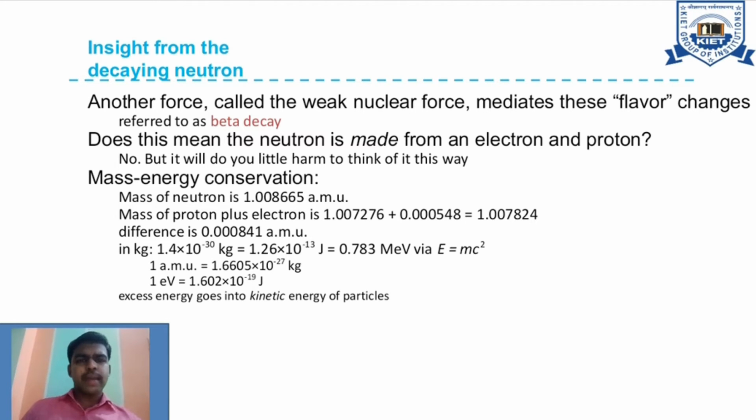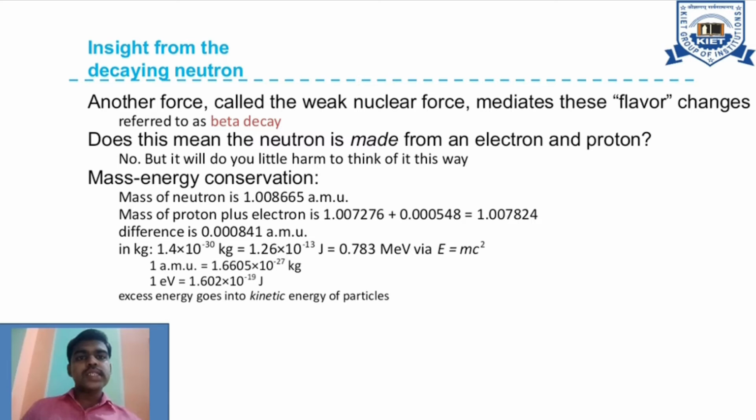What is the purpose of understanding the decaying neutron? Because 1 AMU, as we know, is 1.66 into 10 power minus 27 kg. What are we doing here? Look at the first line: the weak nuclear force mediates these flavor changes.